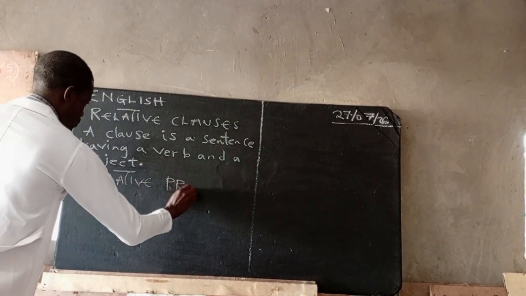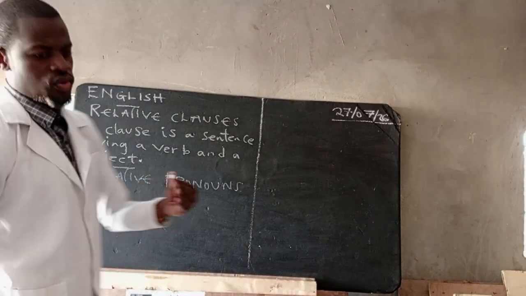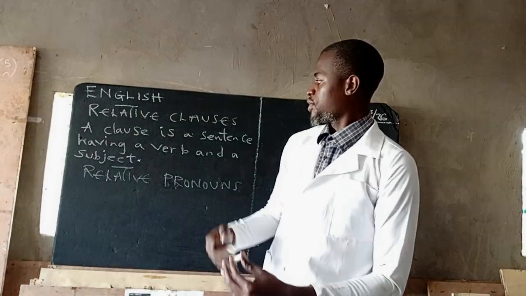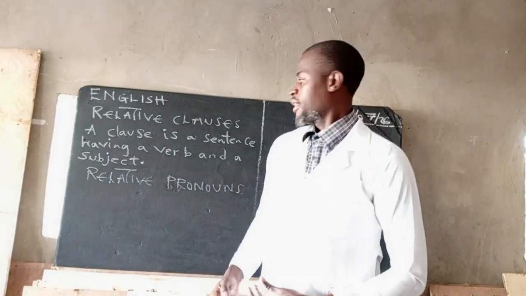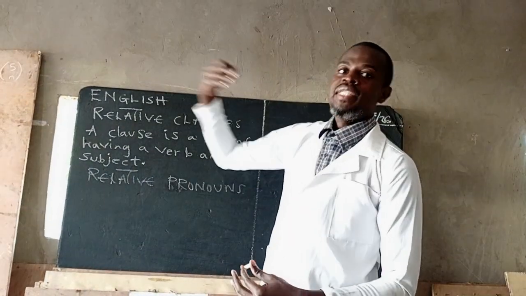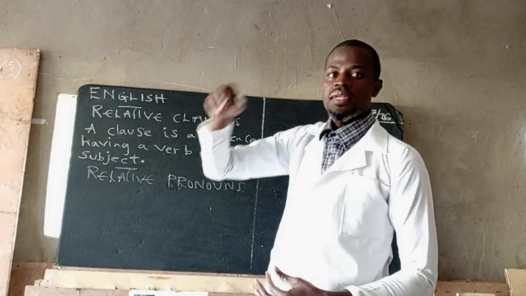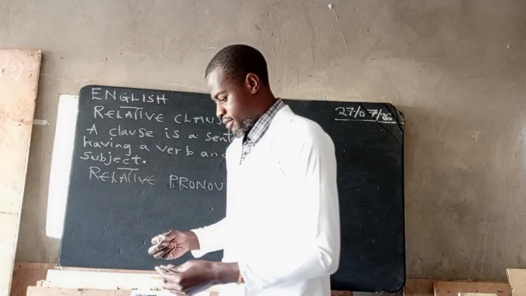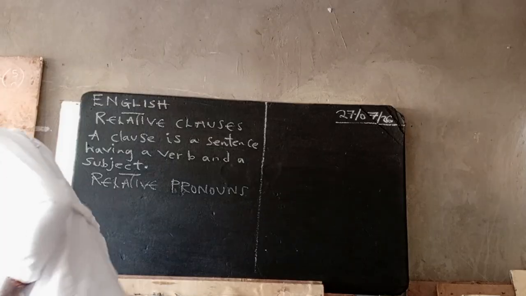So for us to understand relative clauses, we have to understand relative pronouns, because they always come before relative clauses in a sentence. And relative pronouns tell us more information about the subject. And this is what we are calling a relative clause.